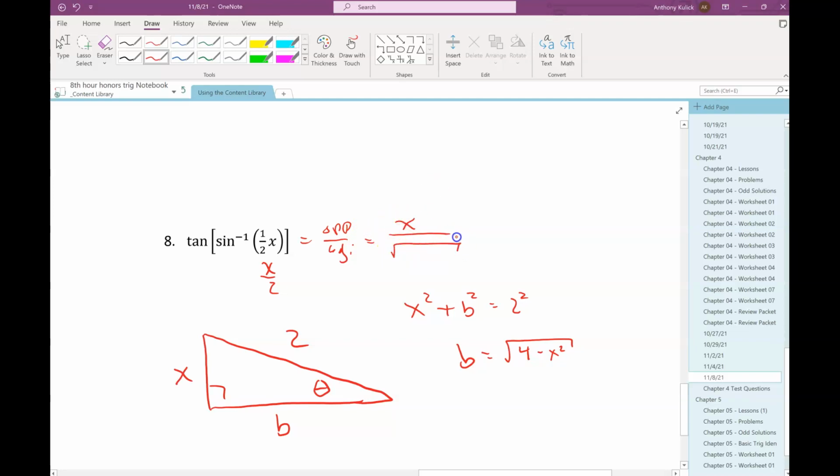The adjacent is root 4 minus x squared. And I think I rationalized the denominator when I did this. So I'll have x root 4 minus x squared over 4 minus x squared.